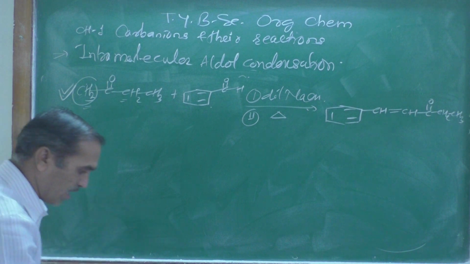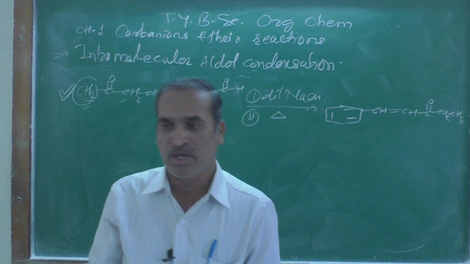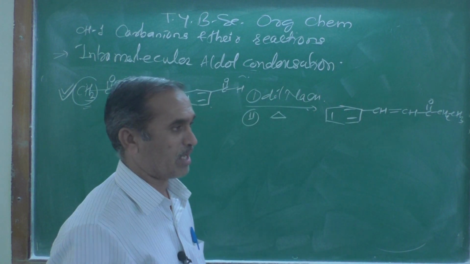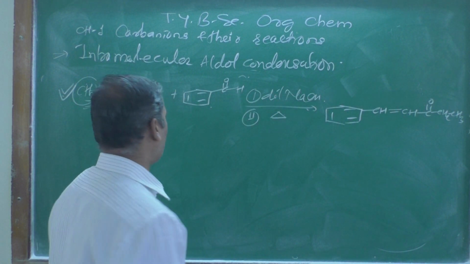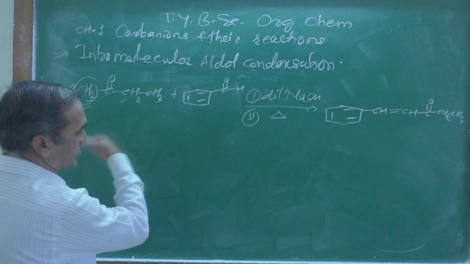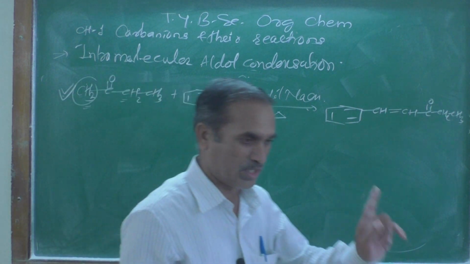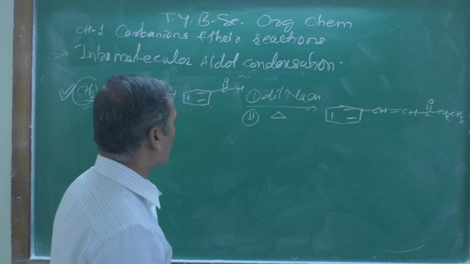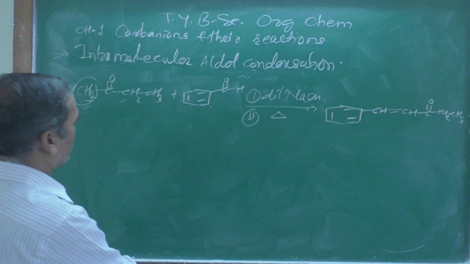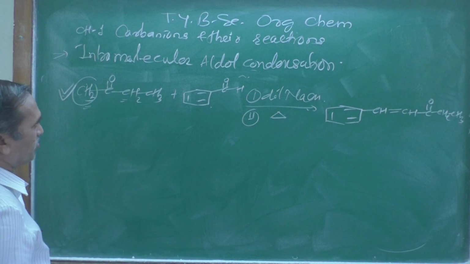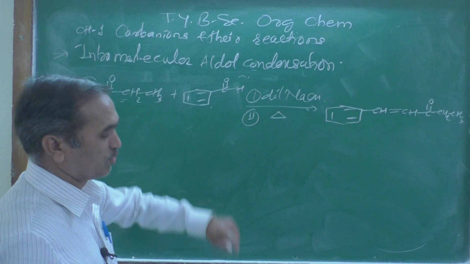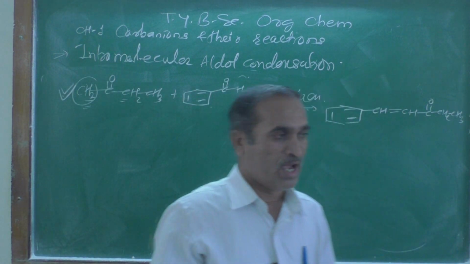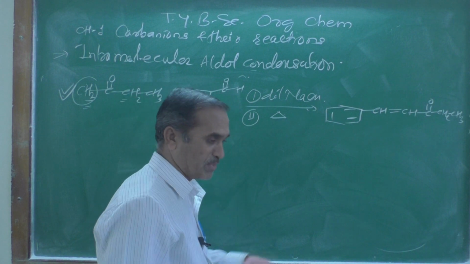The base prefers the more acidic proton, which readily forms the carbanion, and that carbanion is well stabilized by resonance, forming the enolate ion, which is more stable. That carbanion attacks the carbonyl carbon of the second molecule, and the resulting product formed is the aldol.